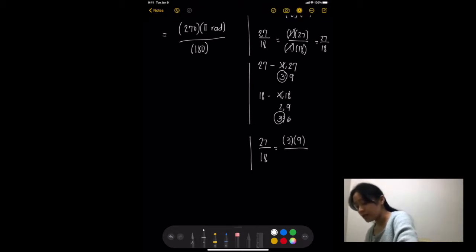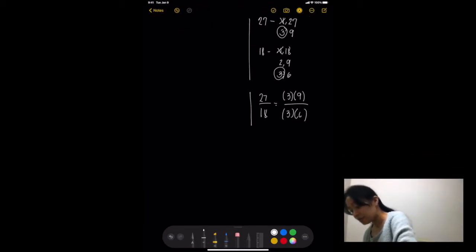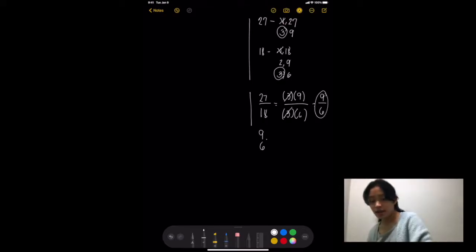So 27 is simply 3 times 9, and 18 is simply 3 times 6. So if we follow this, we can cancel out 3 here, and we're left with 9 over 6. But if you notice, 9 and 6 have common factors as well.